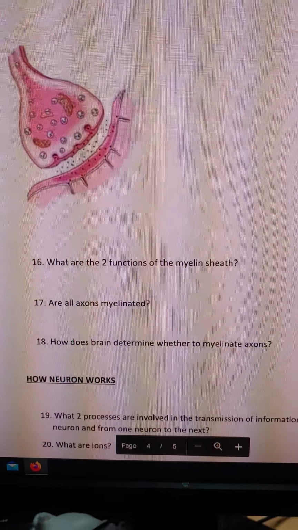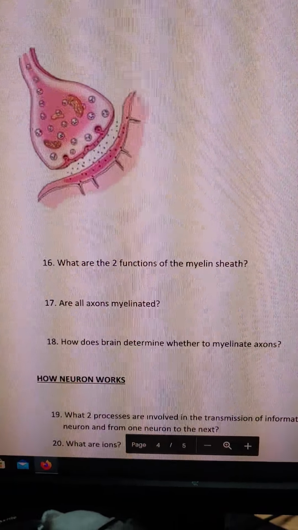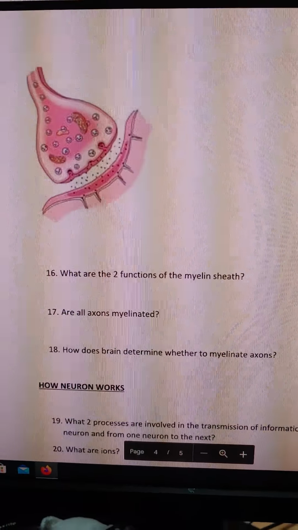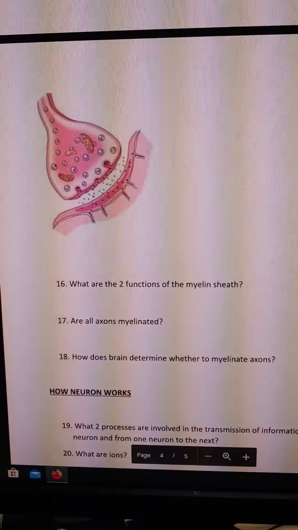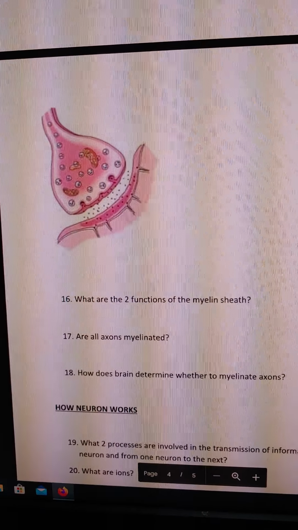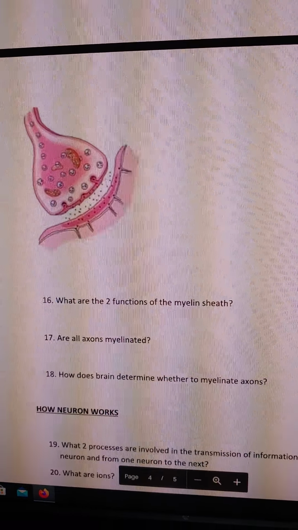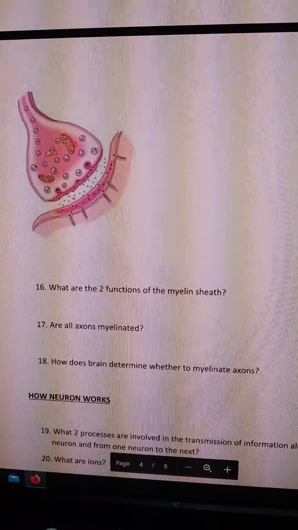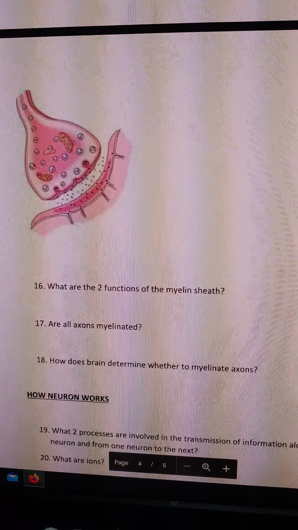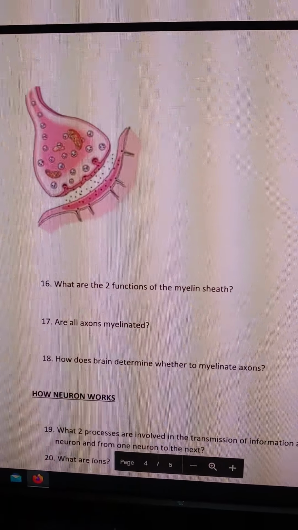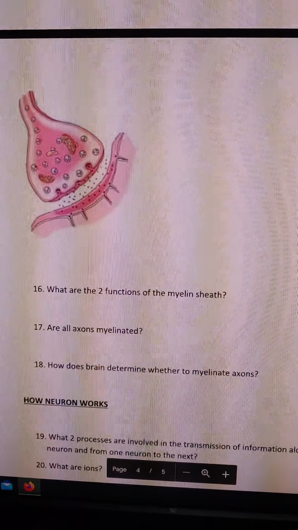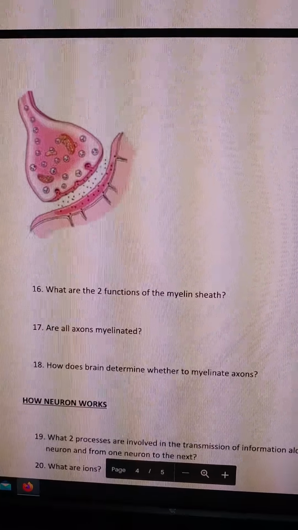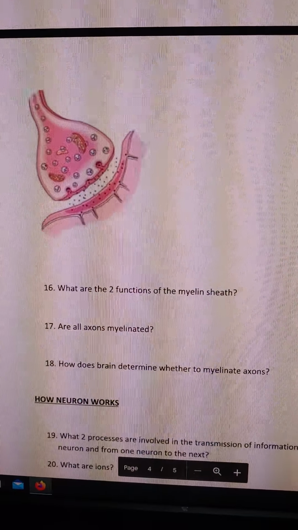How does the brain determine? It determines based on importance. It is going to myelinate what it thinks are the most important axons. Now the question is, how does it determine importance? It determines importance based on frequency of use. The more you use that neuron, the more that axon transmits information, the more important your brain decides it is.